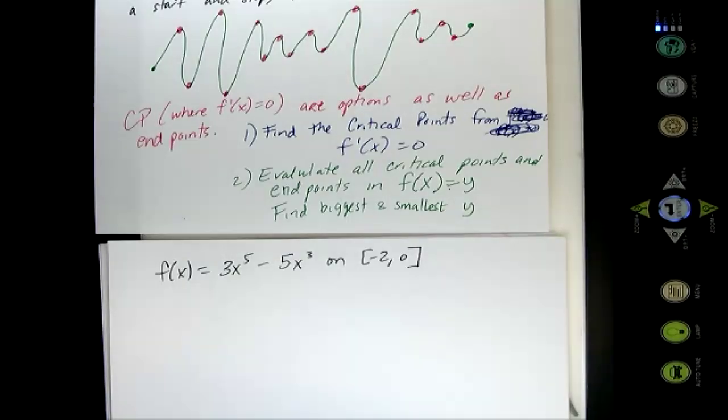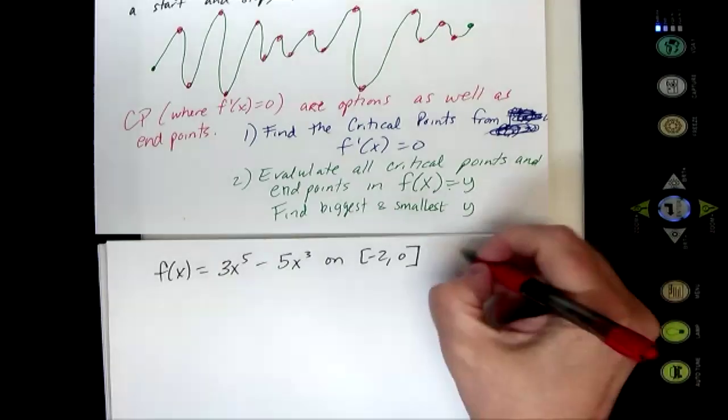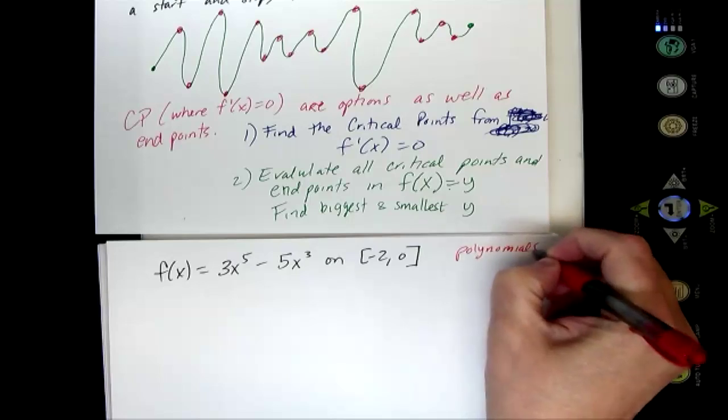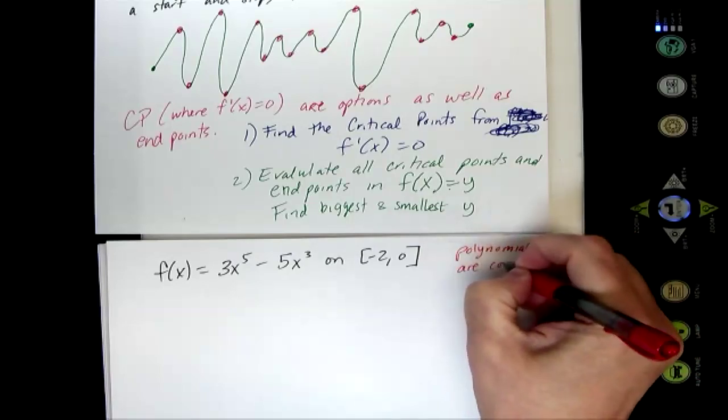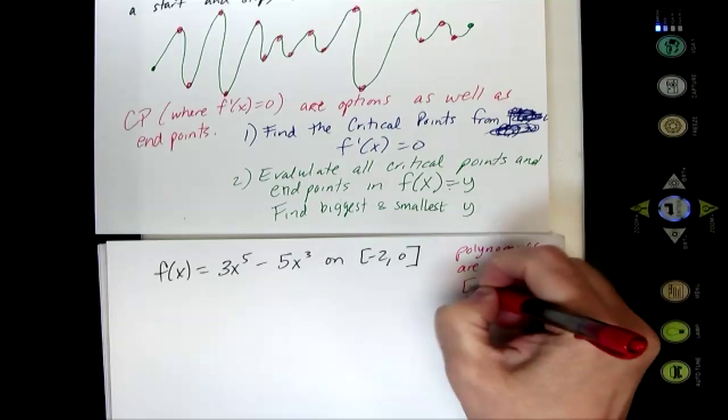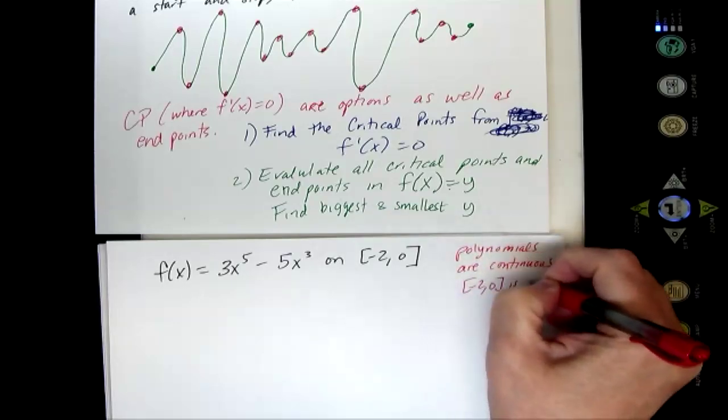This is a continuous function and it is closed. We are guaranteed to have an absolute max and absolute min. Polynomials are continuous, so that requirement is met, and -2, 0 is closed.